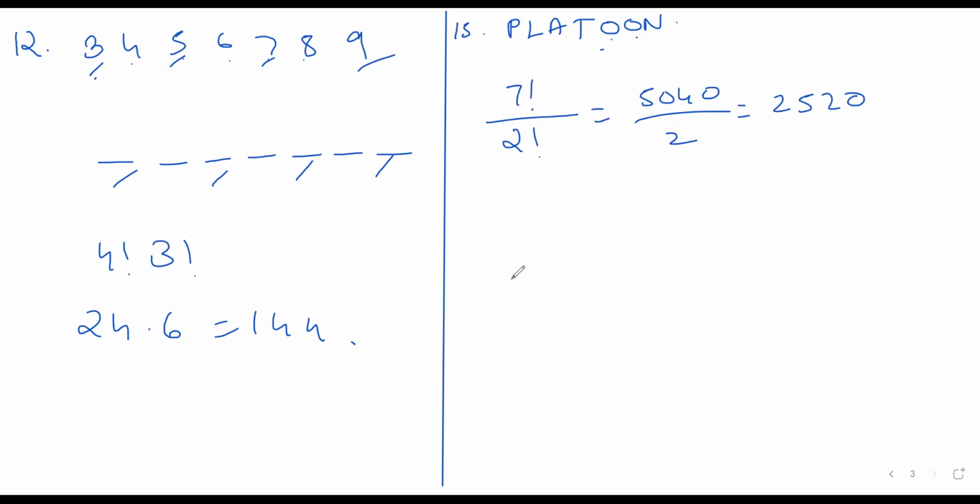Okay. Now the first case is 2 O's are never together. 1, 2, 3, 4, 5, 6, 7. Actually, it's a 7 letter word, but if I take out the 2 O's, then it is a 5 letter word. Now they are never together. So the remaining 5 letters can be arranged in how many ways? 5 factorial ways. If the 2 O's are never together, they can occupy any two of the 6 places in 6P2 ways.